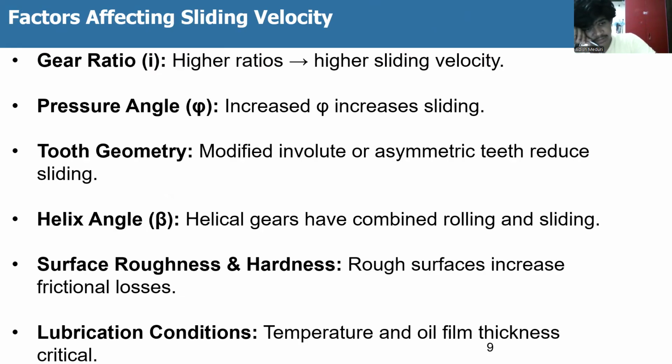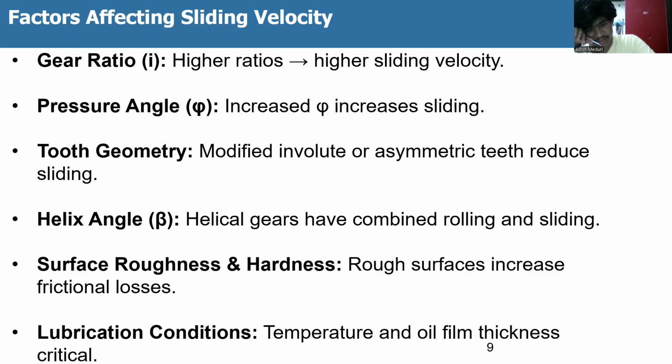Factors affecting sliding velocity. Gear ratio: higher ratios lead to higher sliding velocity. Pressure angle: increases sliding. Tooth geometry: modified involute or asymmetric teeth reduce sliding.